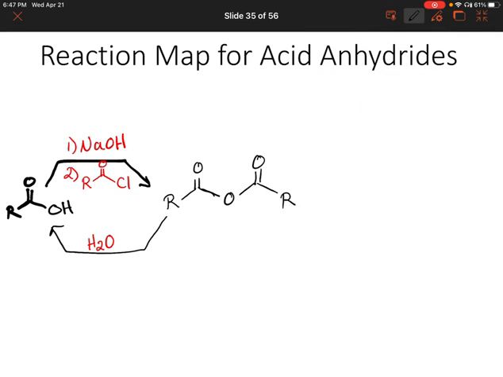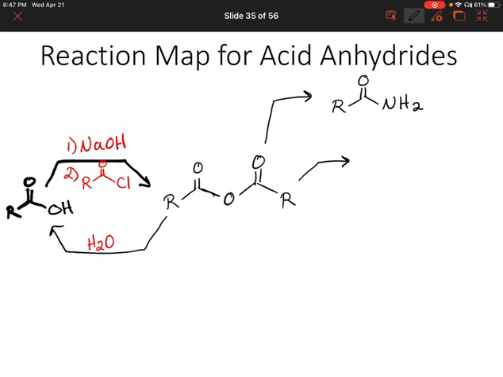Okay. Now let's show some of the other conversions we can perform. So what if we wanted to form an amide from our acid anhydride? Again, this will be really similar to our acid chloride reactions.